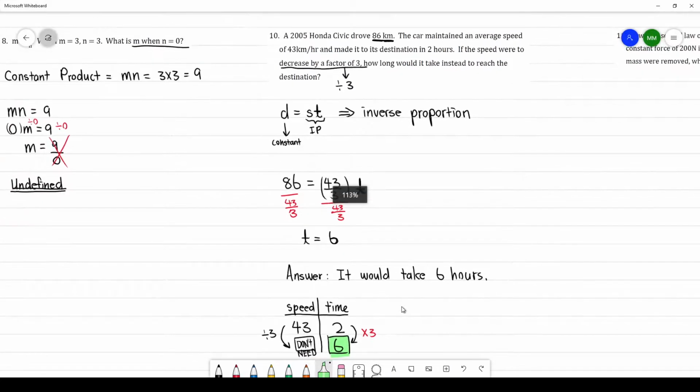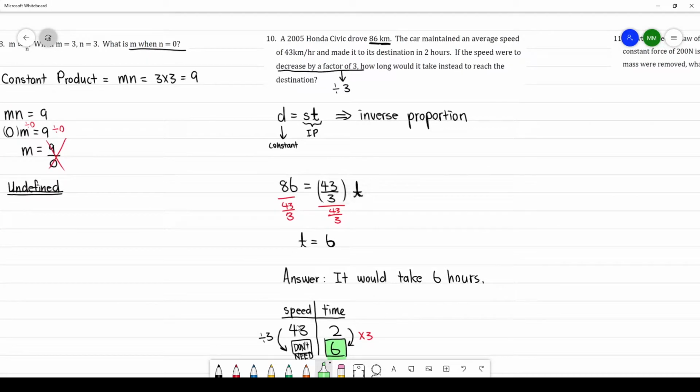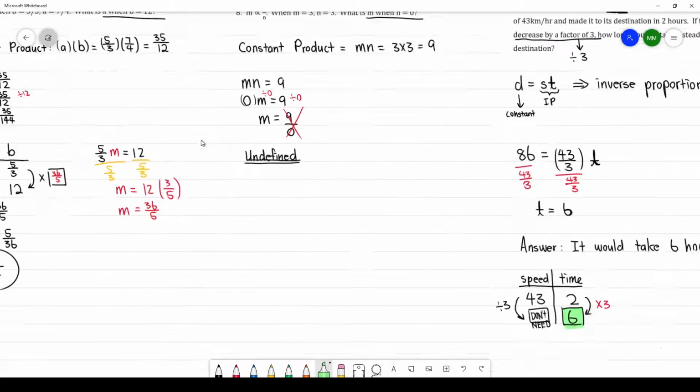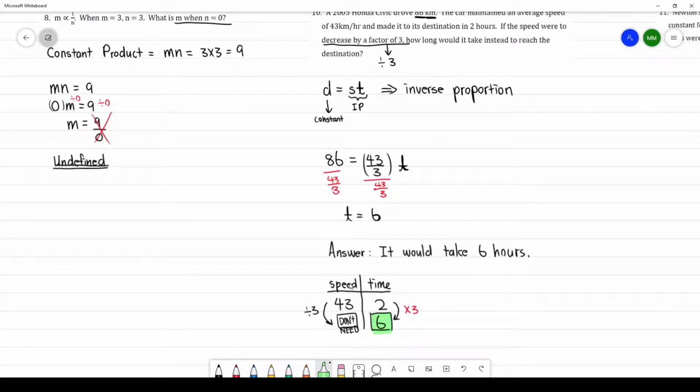So do more practice and then you will find out what is the best way to approach a problem. Because I can tell you that both methods are useful at different times. And as you can see, this one is much better with finding the constant product and then solving the equation, whereas this one is much faster with setting up this table thing over here.